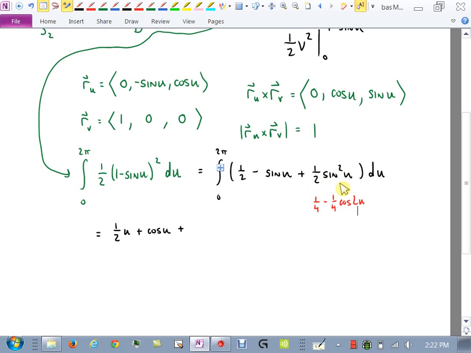Sine squared u is 1/2 minus 1/2 cosine 2u, and then distribute the 1/2 through. And now integrate that, so you get 1/4 u minus 1/8 sine 2u. All of this evaluated from 0 to 2 pi.